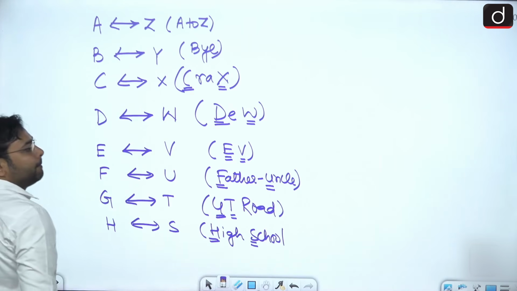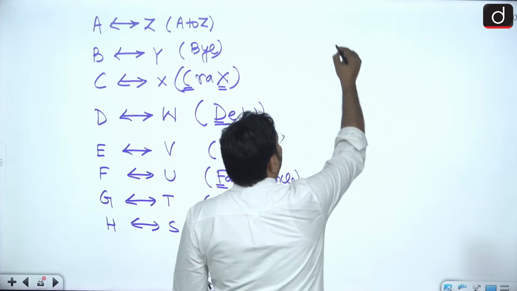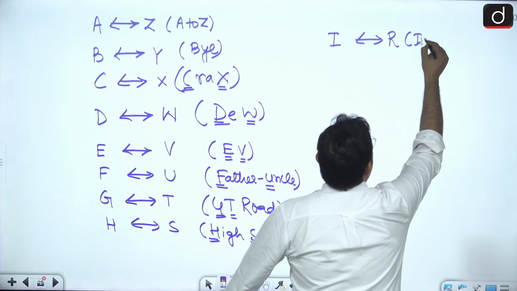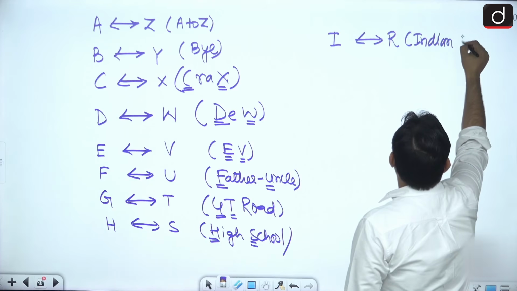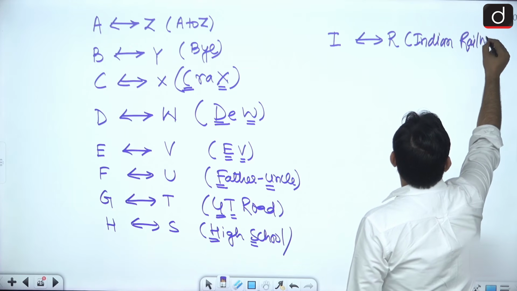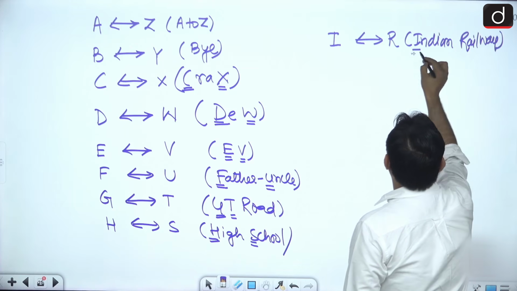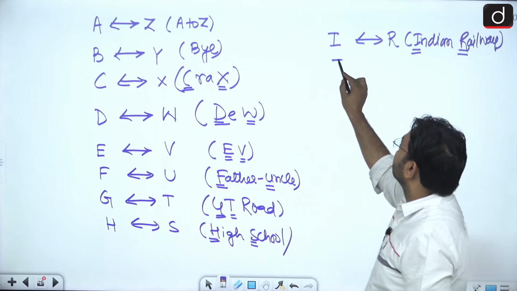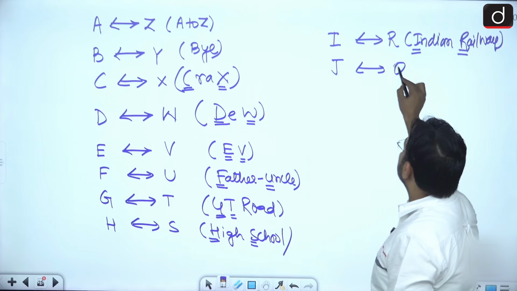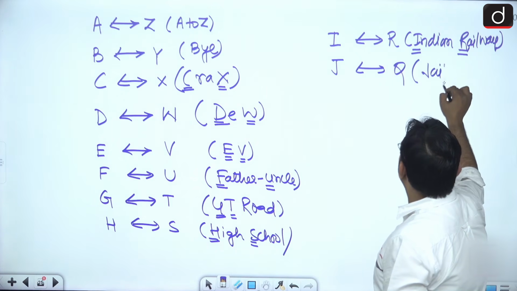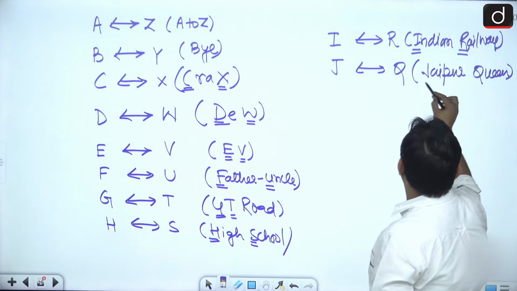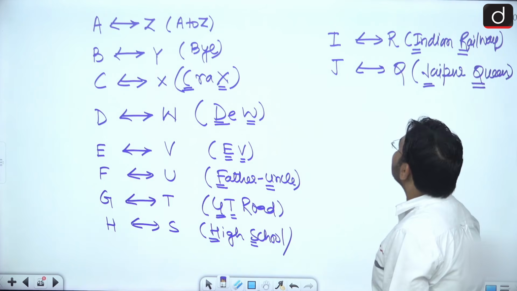Then I. Opposite to I is R. Indian Railway. Then J. JQ. Jaipur Queen or Jacqueline Fernandez. Any other you can say.